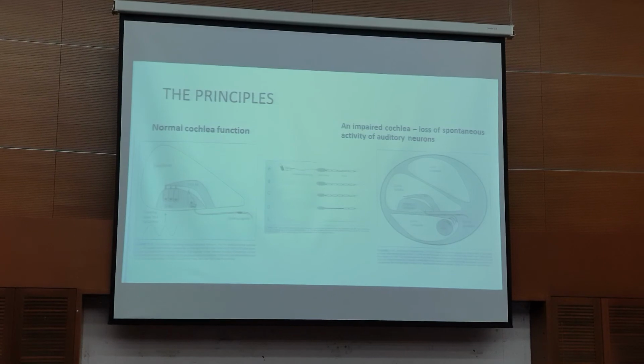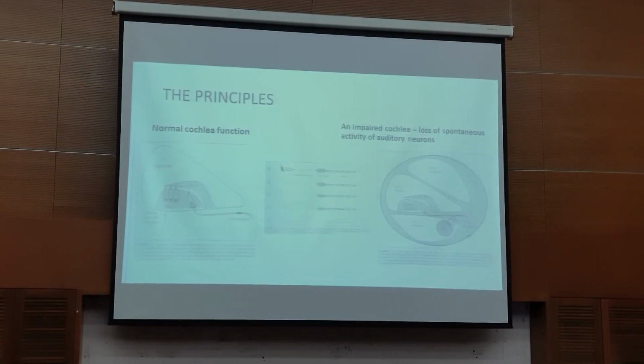Well, basically, yang tadi saya mention too about when you have a good cochlear function, then you have the outer hair cells and the inner hair cells function. Spiral ganglion cells, semua ada dekat sini. But when you have the impaired cochlear, then you lose the spontaneous activity of the neurons.